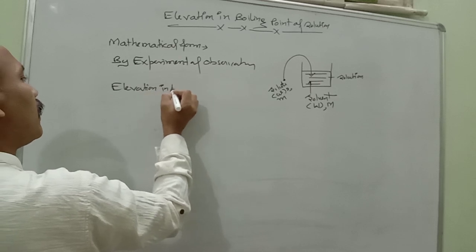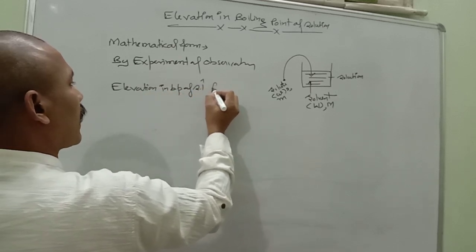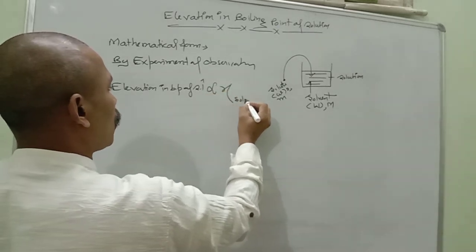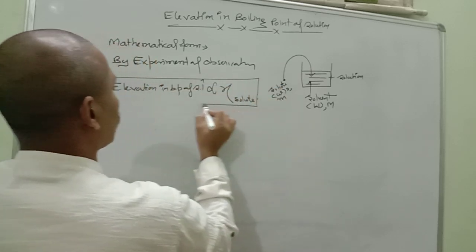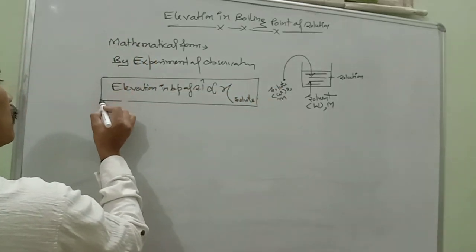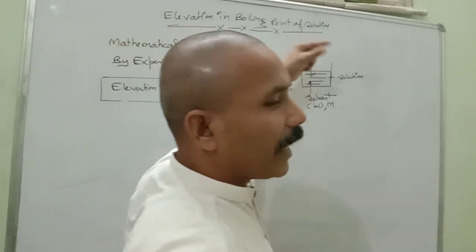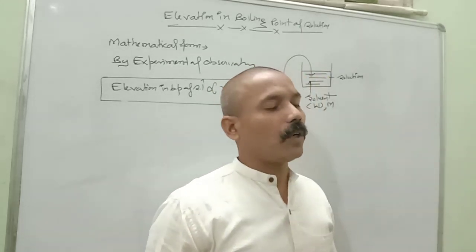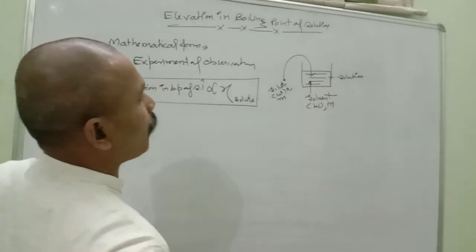By experimental observation, elevation in boiling point of solution is directly proportional to the mole fraction of the solute. Greater is the amount of solute added, greater will be the increase in boiling point.